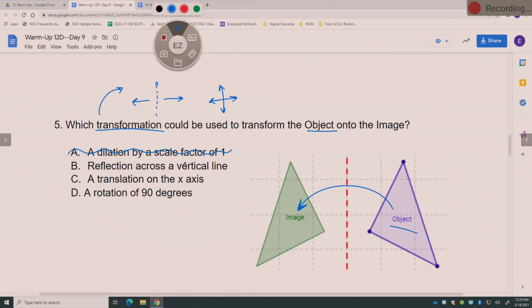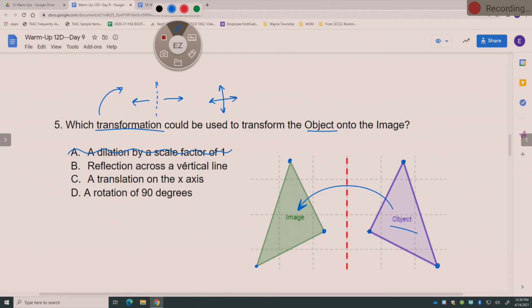Then we have to look and see points and lines. And if we look, we've got this lowest point down here is over here. The highest point is here to here, and that middle point is here to here.